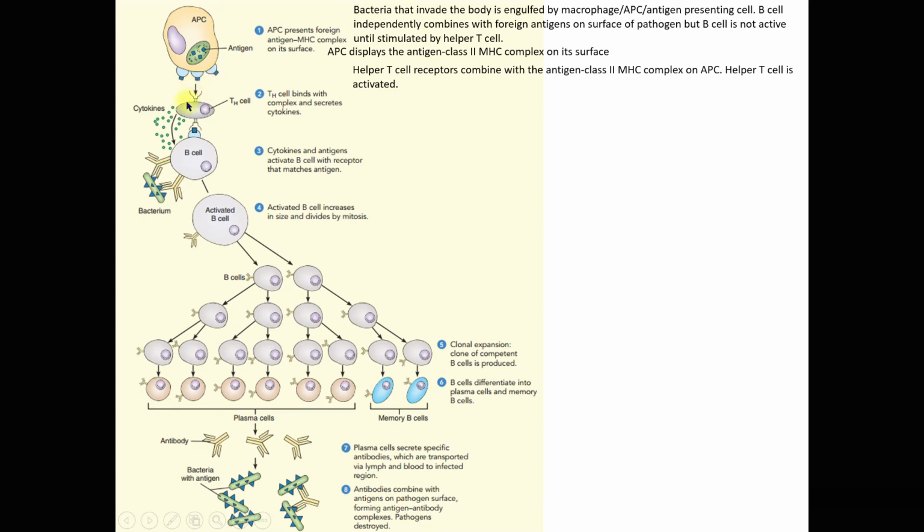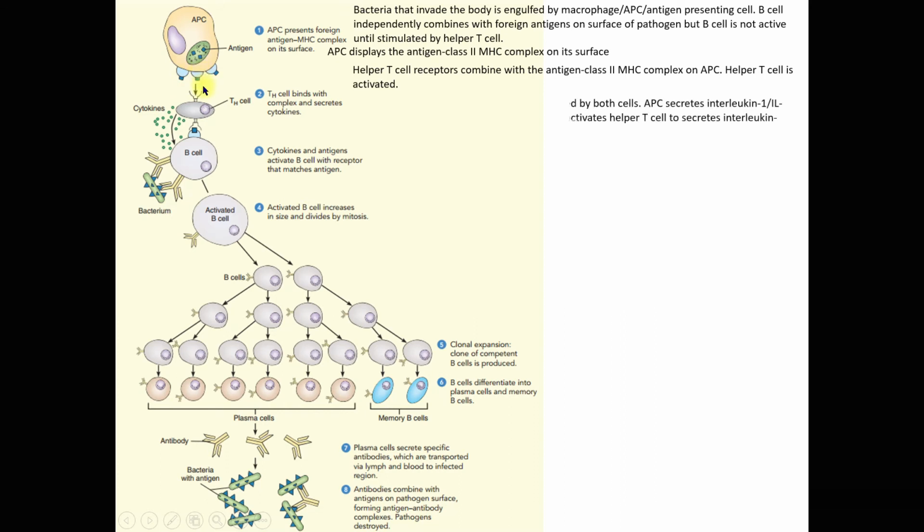Okay, helper T cell is activated. You get that? Or you want me to rephrase? Helper T cell is activated when the helper T cell binds with the antigen class 2 MHC complex on the APC.